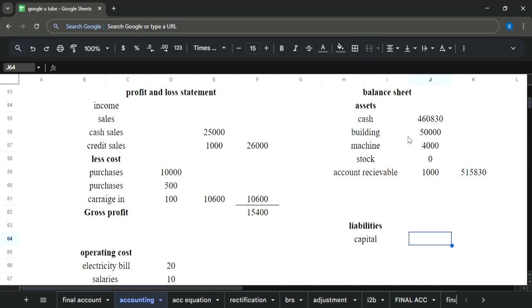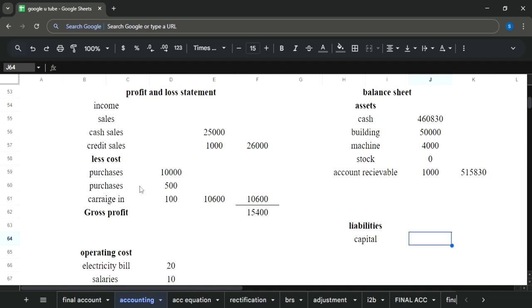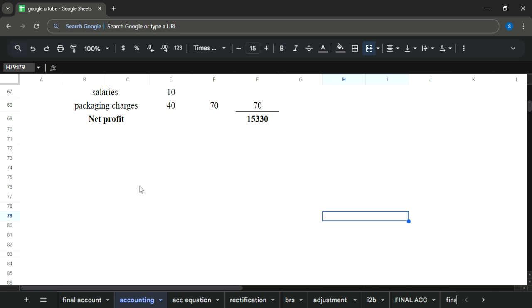Now the next step is to write down liabilities, where you will put your capital first. How much amount of capital was that? It was 5 lakh, the amount of capital invested by the owner. You will write it over here. And the whole of the profit which you have calculated would be distributed to the owner of the business.